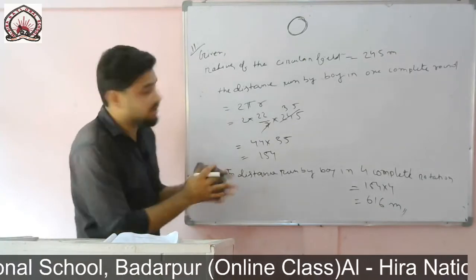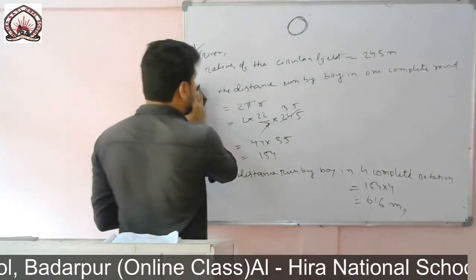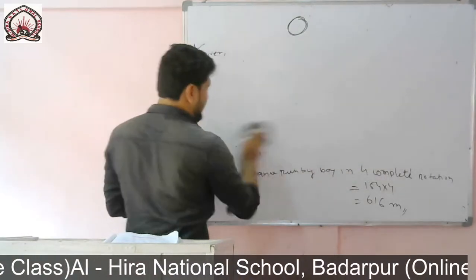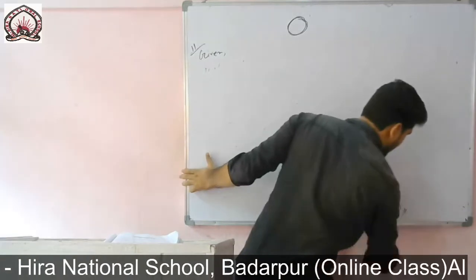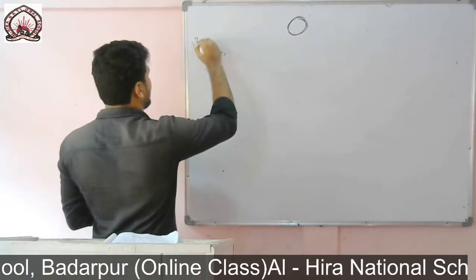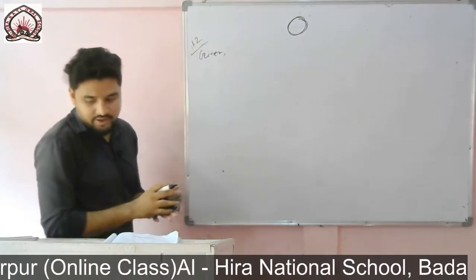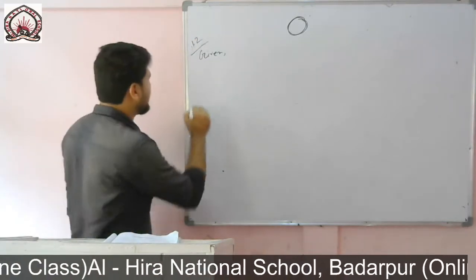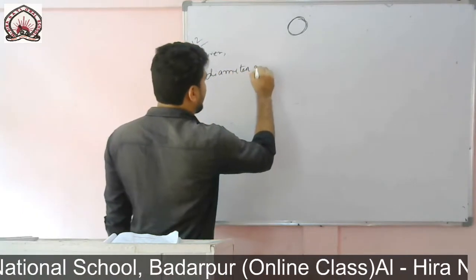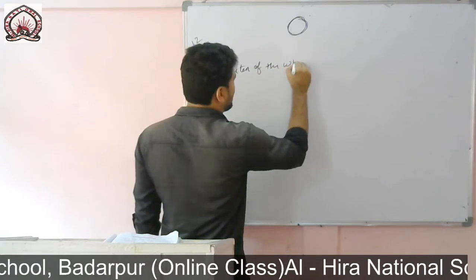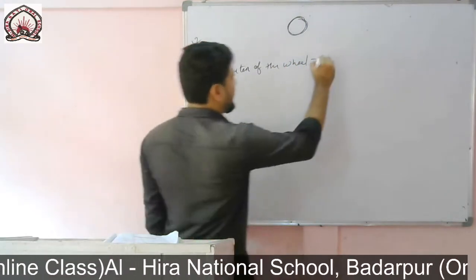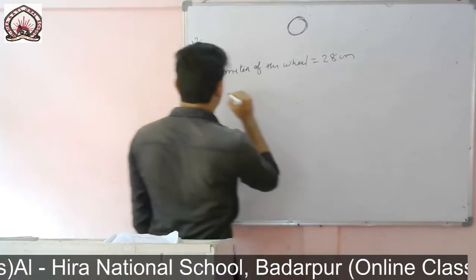So you see, first what we will do? First we will find the circumference of the wheel. Given diameter of the wheel equals 28 centimeter.